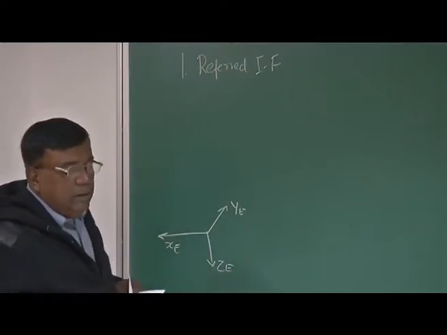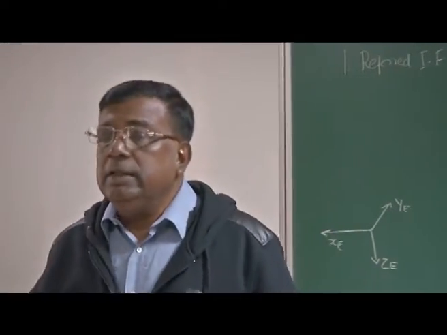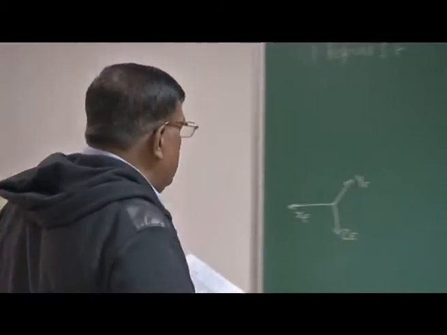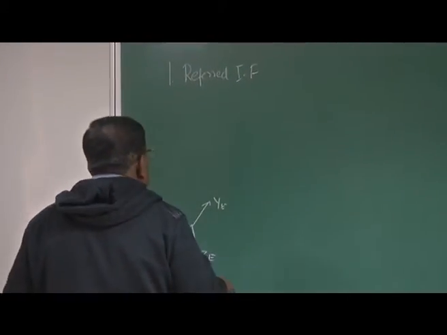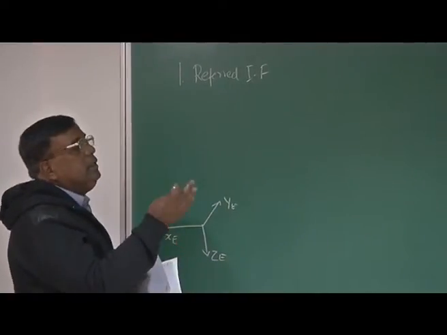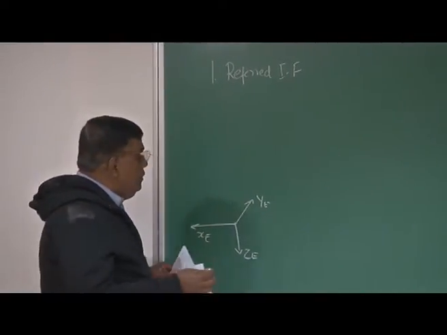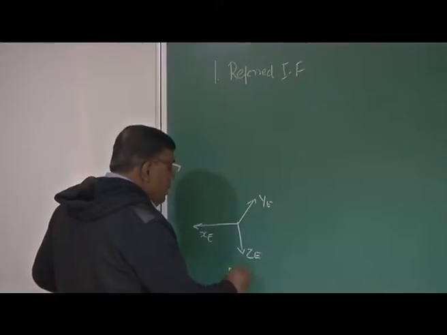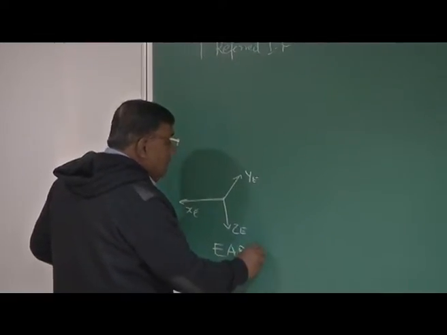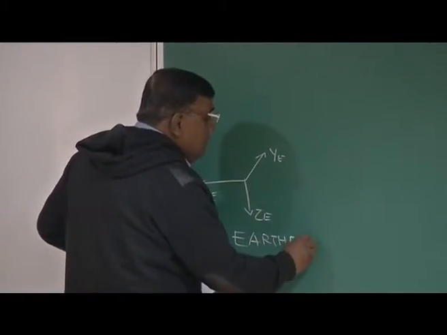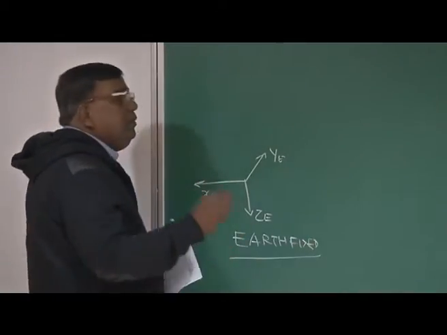Why are we choosing Earth as the inertial frame? Because we are assuming that Earth's acceleration is negligible in the context of the stability analysis we are doing. So we are assuming Earth has no acceleration, or the acceleration is too insignificant to affect the stability analysis. That's why we are treating Earth fixed as the inertial frame for the purpose of this study.